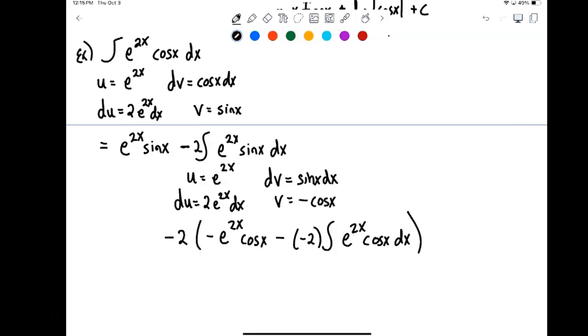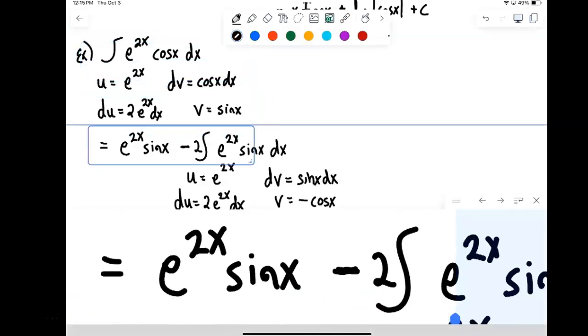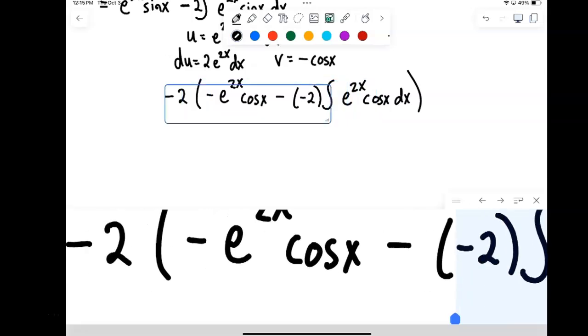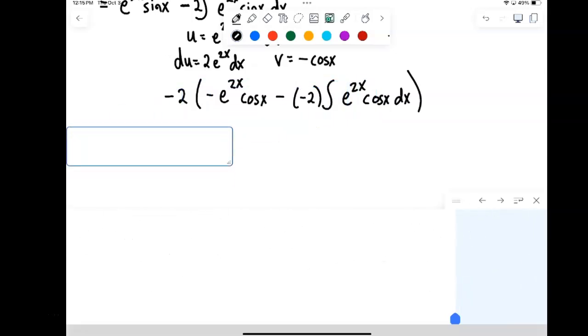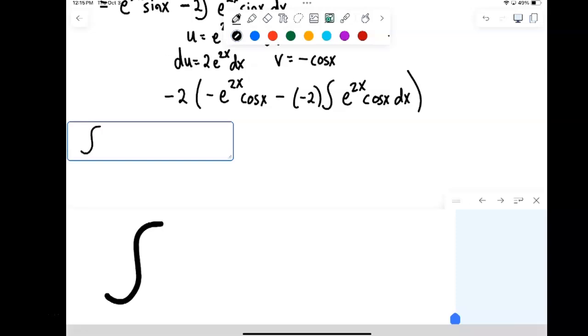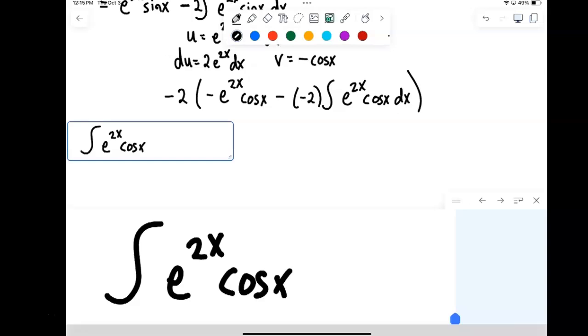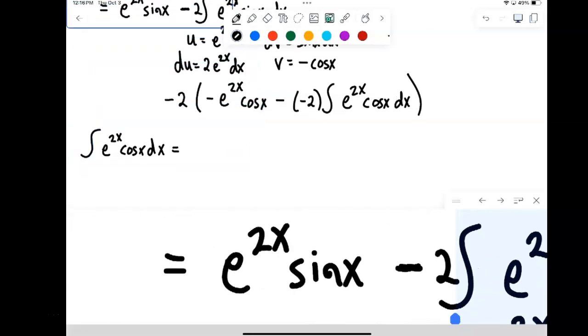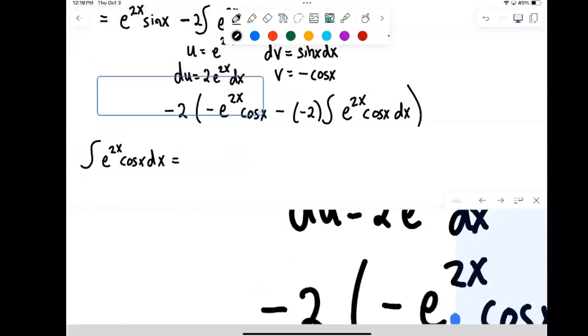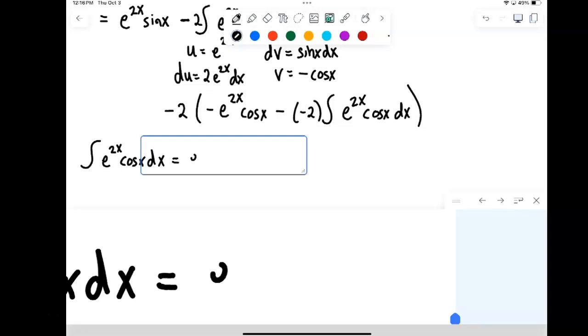So let me rewrite where we're at now and do a little bit of simplifying. My original problem was the integral of e to the 2x cosine x dx, equals e to the 2x sine x.